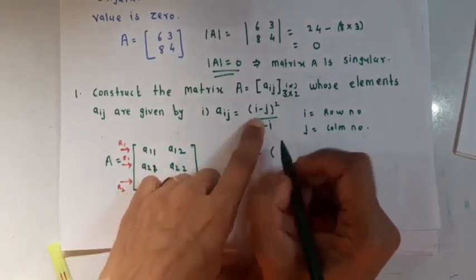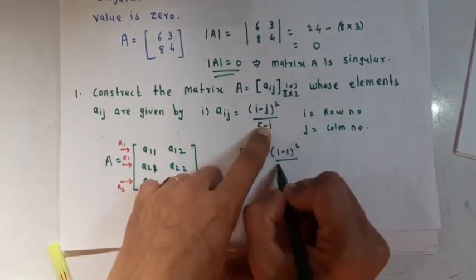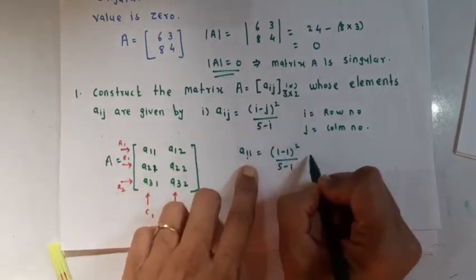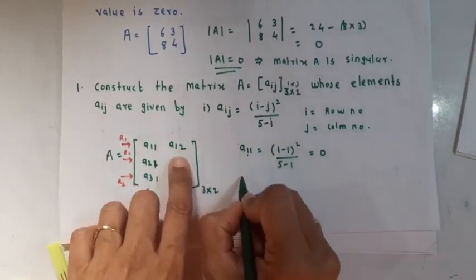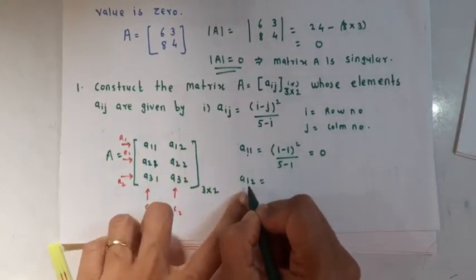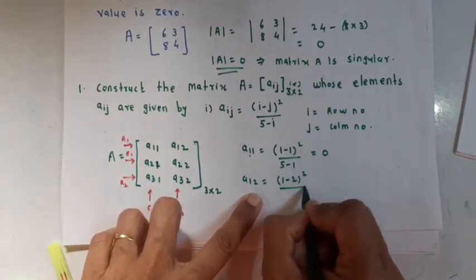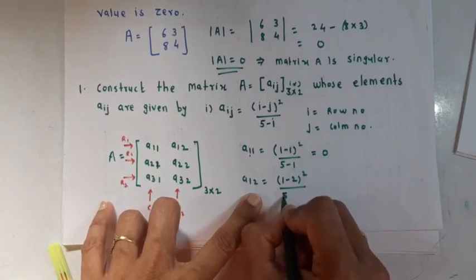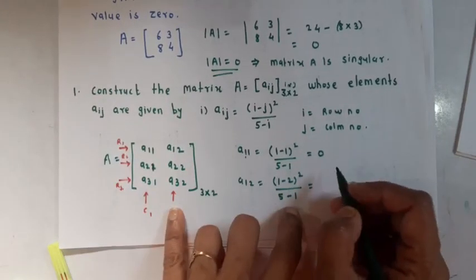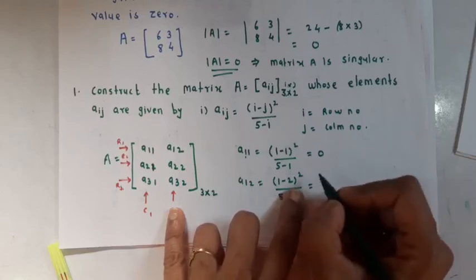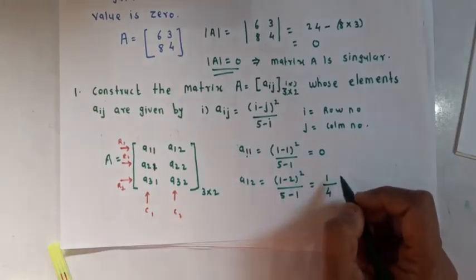So (1 minus 1) whole square upon 5 minus 1. So A11 is 0. Now let us find A12. A12 means i is 1, j is 2. So (1 minus 2) whole square upon 5 minus 1, first row. (1 minus 2) whole square is 1, and upon 4, this is 1 by 4.